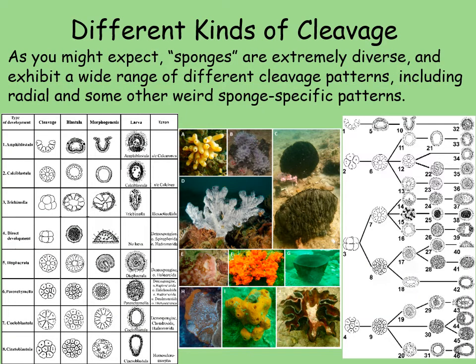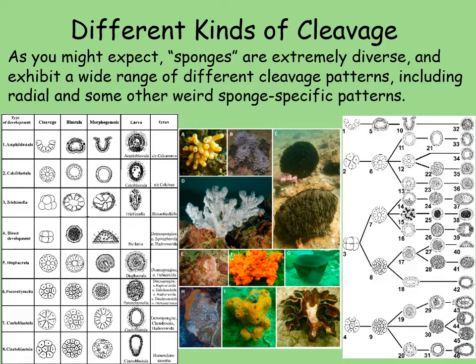Okay, so as you might expect, we call this group sponges, but the differences from one sponge group to another are about as extreme as a difference, say, from cnidarians to bilaterians. Because of that, there's a huge variety of embryological patterns within sponges.